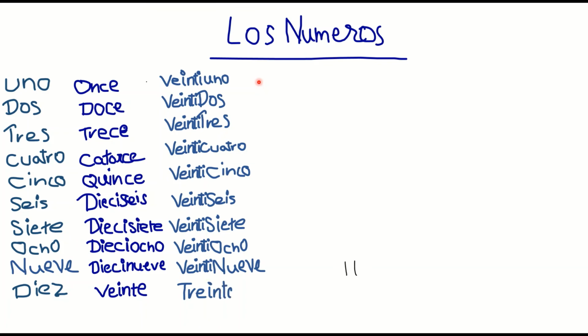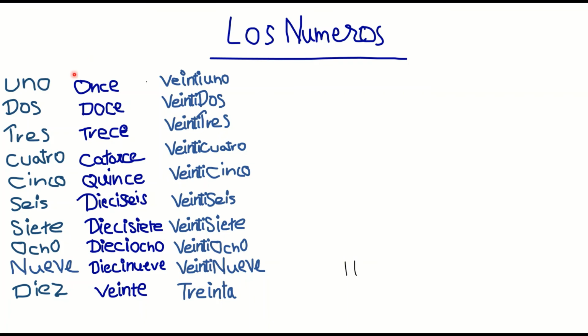Okay, so 21, 22, 23, 24, 25, 26, 27, 28, 29, 30. Okay, so now we learned from 1 hasta 30. So I hope this is clear.